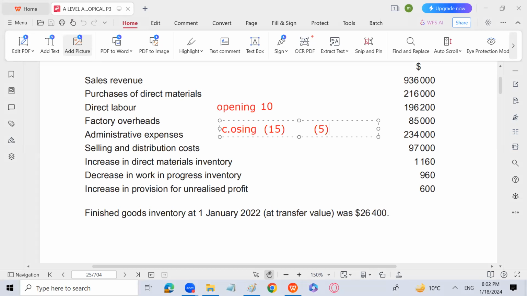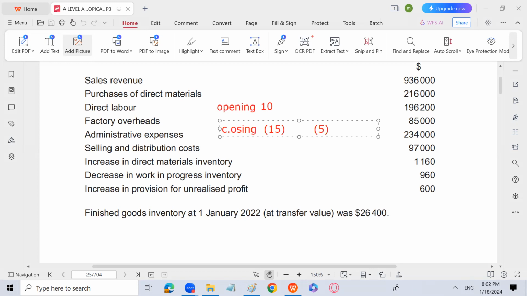Or you may say कि 10 जो है वो आप ऐड करेंगे और 15 जो है वो आप माइनस कर देंगे. ओवरऑल आप 5 माइनस कर देंगे एक्चुअली. अब हो क्या रहा है? From the start of the year till the end of the year, or you may say from opening inventory to closing inventory, your inventory has increased by 5.